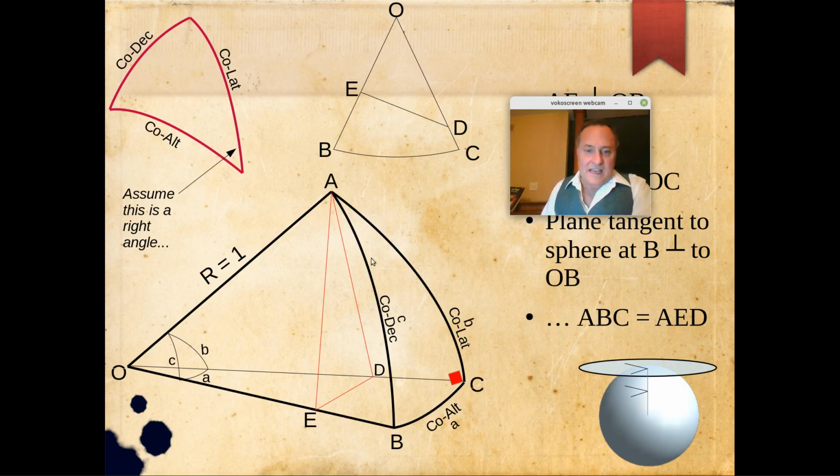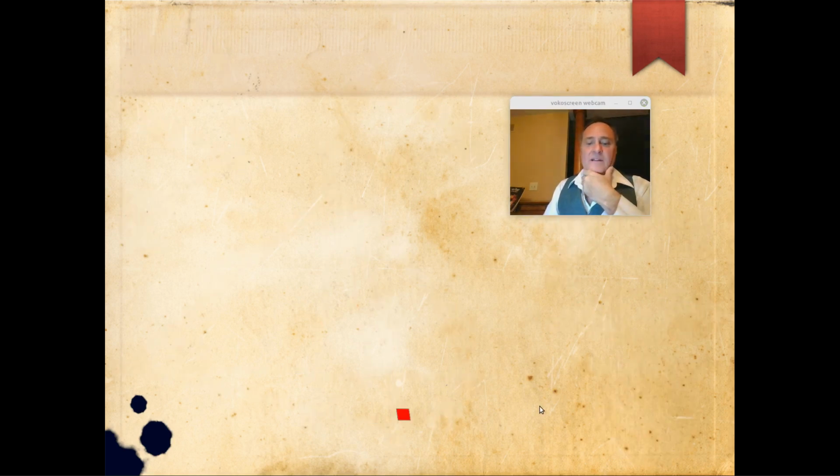And so these lines, AB and BC, are cast onto the plane as straight lines. And they have the same angle. ABC is the same angle here between AB and BC as between these two shadows cast on the surface of the plane. And you can see that AED is also of the same angle. All right. That's an important finding, and we're going to come back to that later.